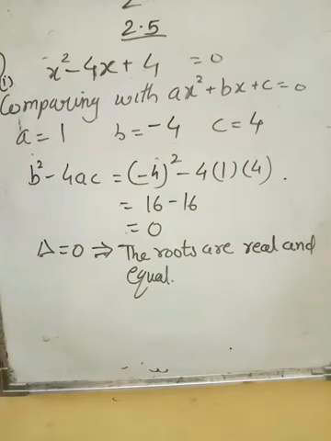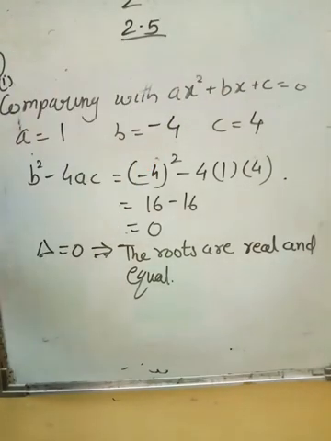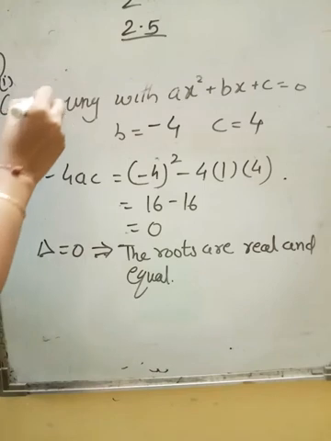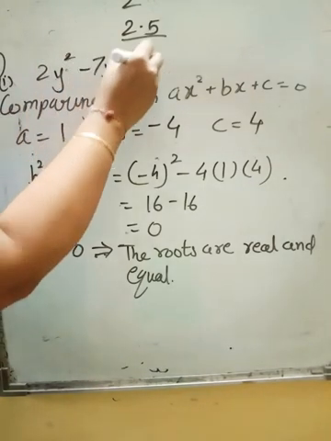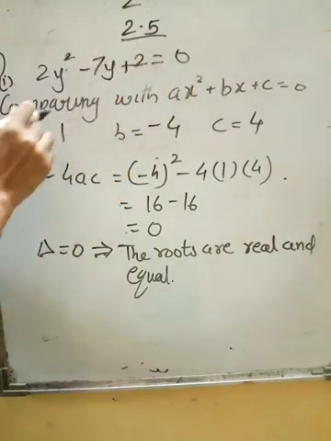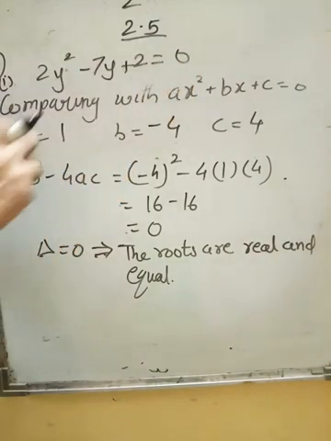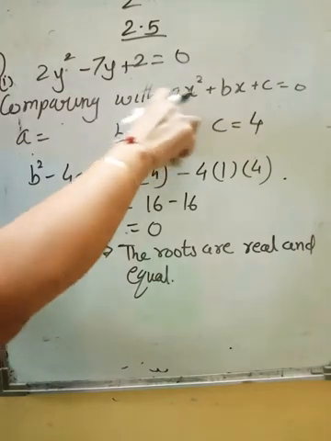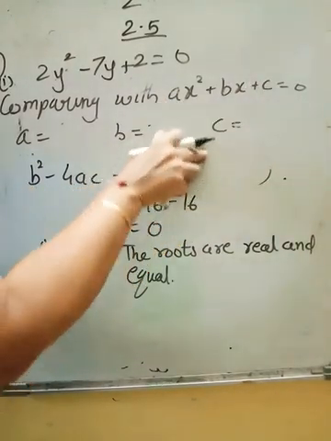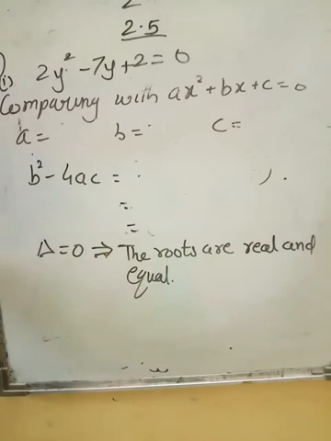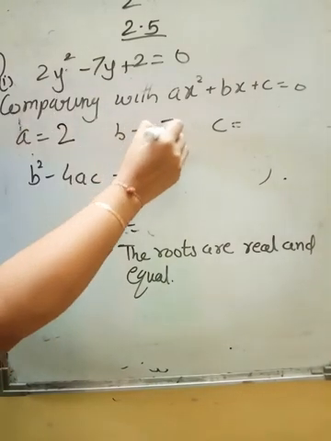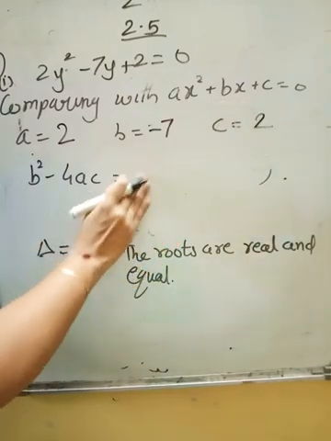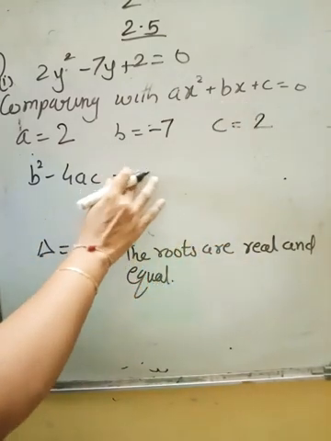What you have? 2y square minus 7y plus 2 equal to 0. So again comparing with ax square plus bx plus c, let us write down the values of a, b, c. So you have a as 2, b as minus 7 and c as 2.